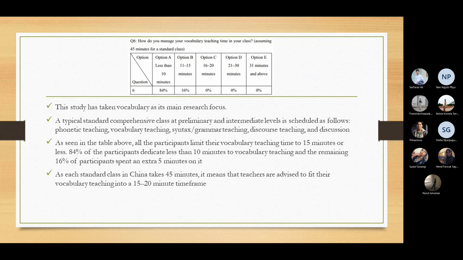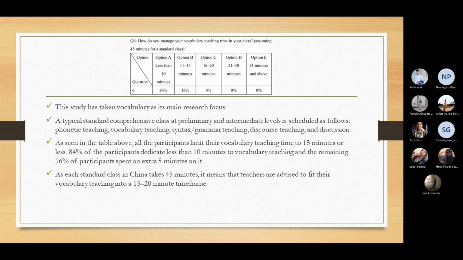All participants limit their vocabulary teaching time to 15 minutes or less. So 84% of the participants dedicate less than 40 minutes to vocabulary teaching, and the remaining 60% of participants spend an extra 5 minutes.